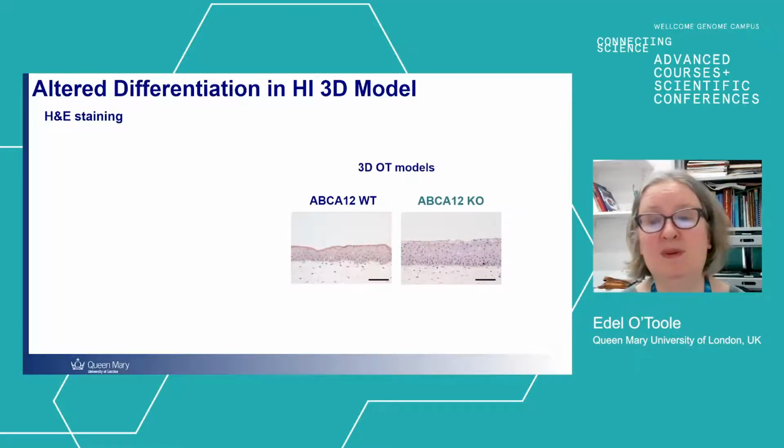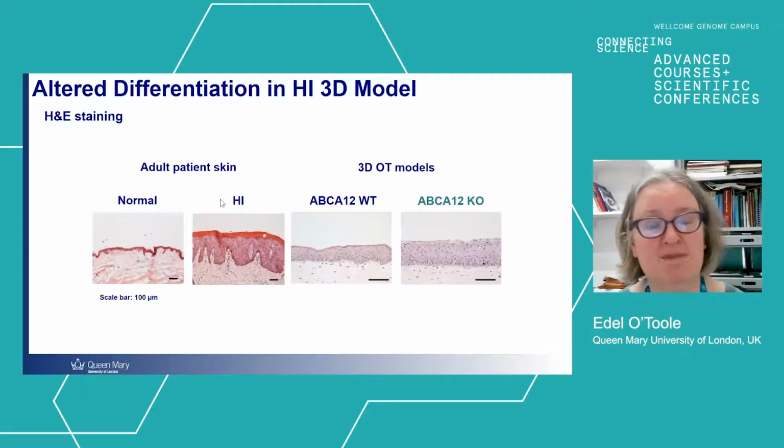So when we did H&E staining on the 3D model, we saw that the ABCA12 knockout model was different. The epidermis was thickened. There was a very early onset of differentiation, and you got this abnormal stratification in the upper part of the epidermis, whereas the wild type epidermis had a fairly nice compact stratum corneum.